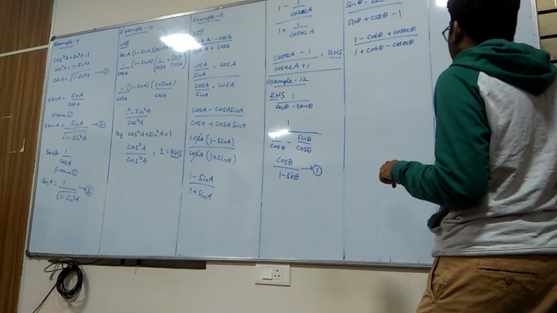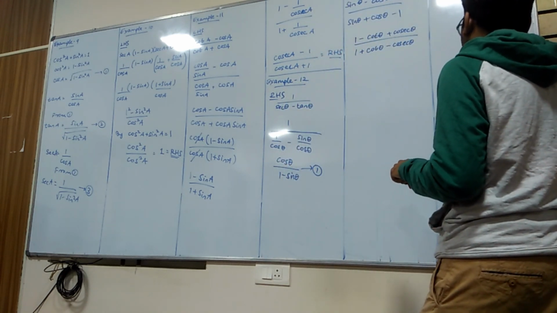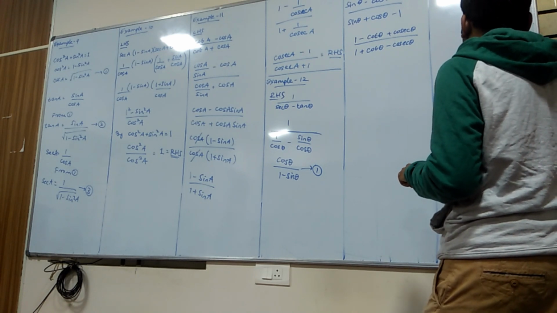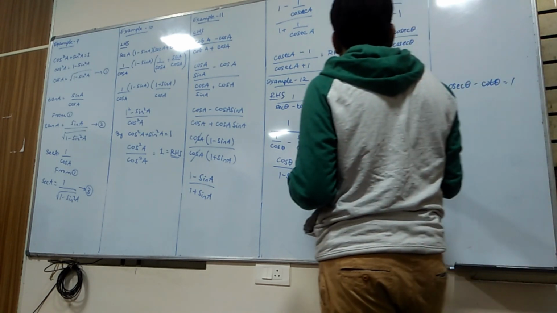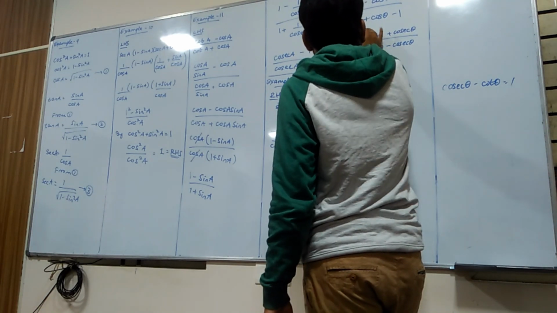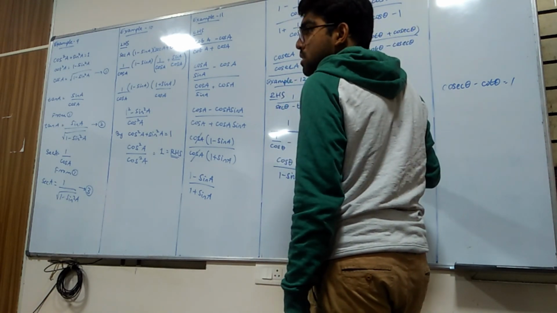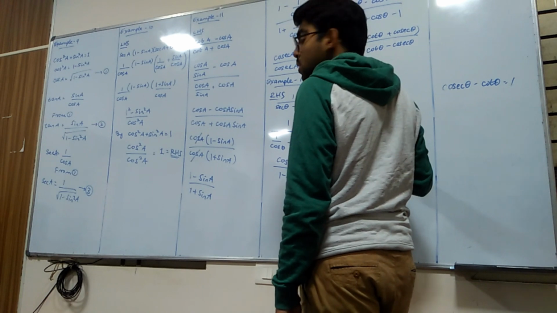We know this formula: cosecant theta minus cot theta is 1. Yes? Cosecant theta minus cot theta is 1.